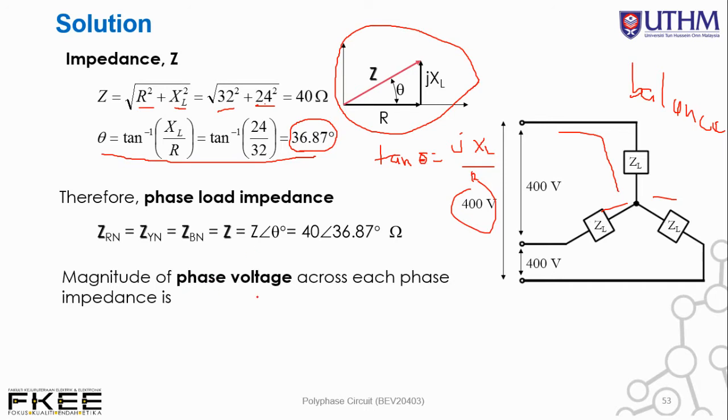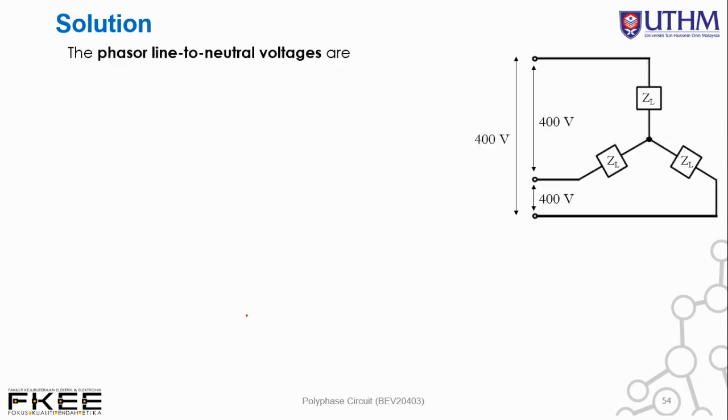So the magnitude of the phase voltage across each phase impedance is VL divided by square root 3. So 400 over square root 3, which gives us 230.94 volt, right?